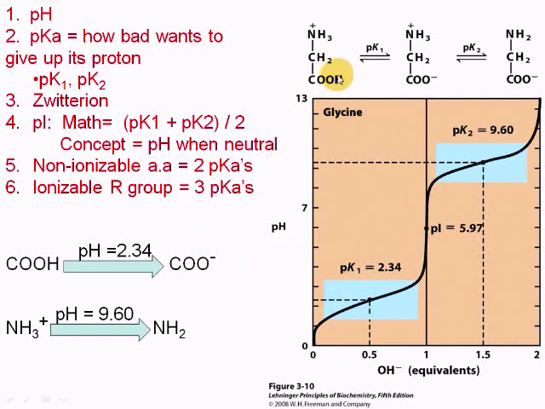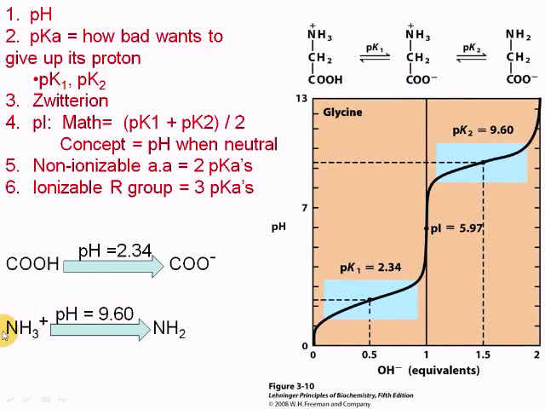And so here below a pH of 2.34, what do we expect? We expect to have our proton, and that's what's shown here. But what happens if we move above that pH? If we move anywhere above a pH of 2.34, then we expect to lose our proton, and that's what's shown right here.